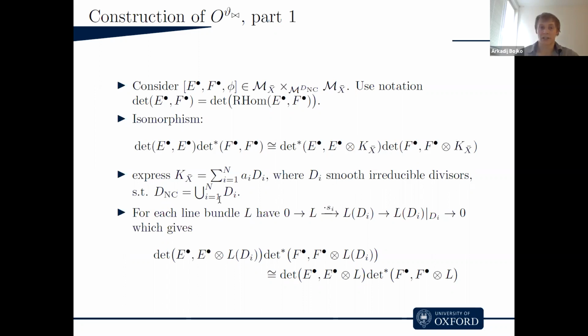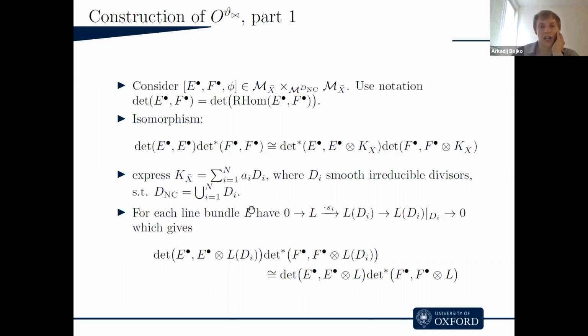Now the canonical bundle can be expressed as a sum of the divisors at infinity, and this allows us to cancel this contribution which sits at infinity in steps, and I will explain how.